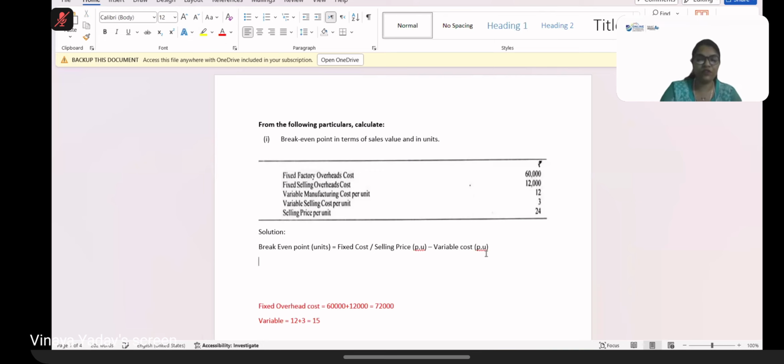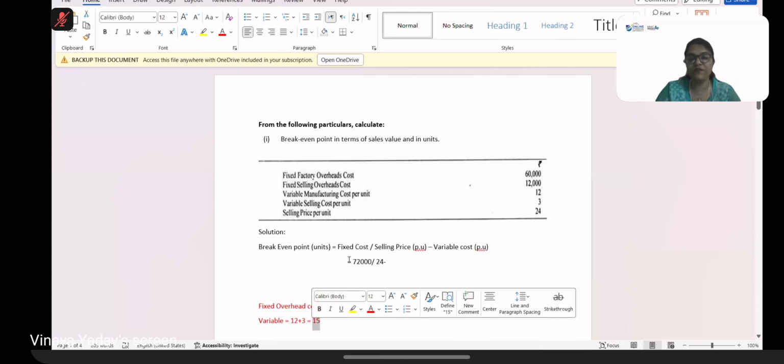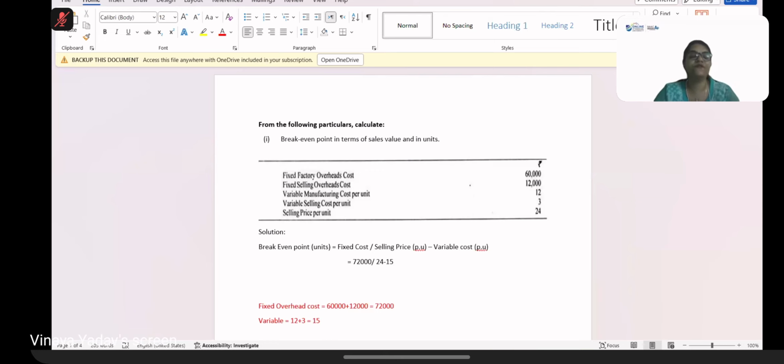So what is our fixed cost? That is 72,000 divided by selling price. See, the selling price is given over here, 24. So we'll write 24 minus variable cost we got just now, that is 15.